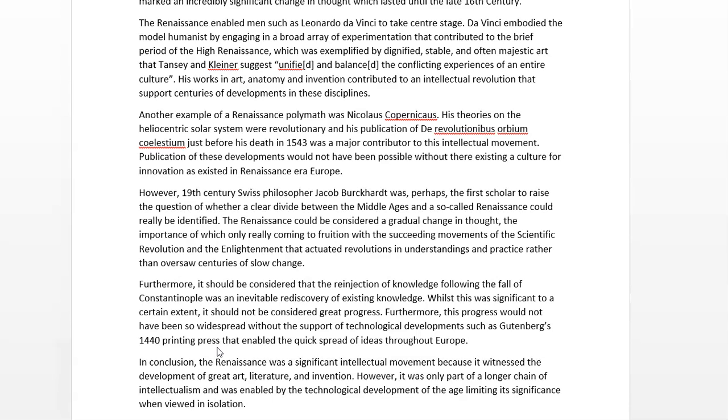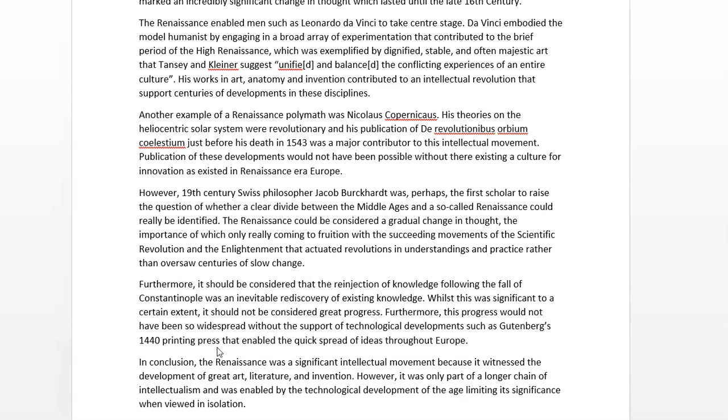Okay, so the first counter-argument says, however, 19th century Swiss philosopher Jacob Burckhardt was perhaps the first scholar to raise the question of whether a clear divide between the Middle Ages and a so-called Renaissance could really be identified. The Renaissance could be considered a gradual change in thought, the importance of which only really came into fruition with the succeeding movements of the scientific revolution and the Enlightenment that actuated revolutions in understandings of practice, rather than oversaw centuries of slow change.